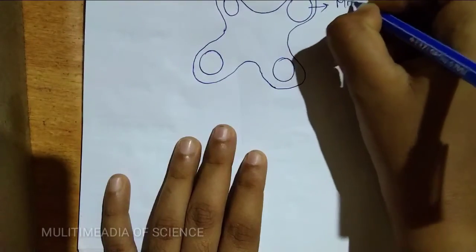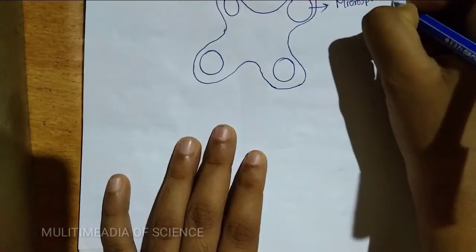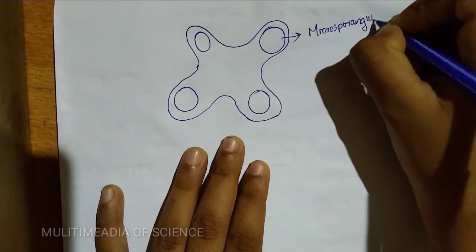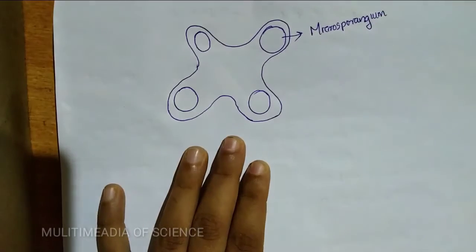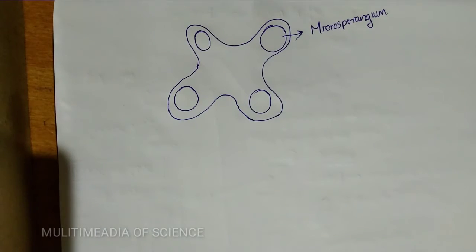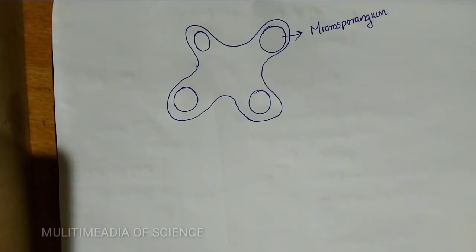This is what? Microsporangium. It consists of four wall layers.